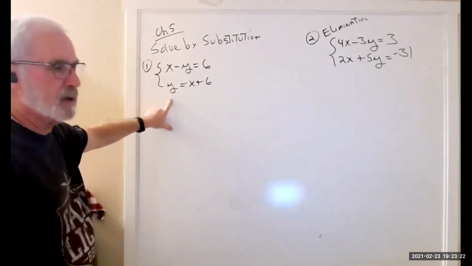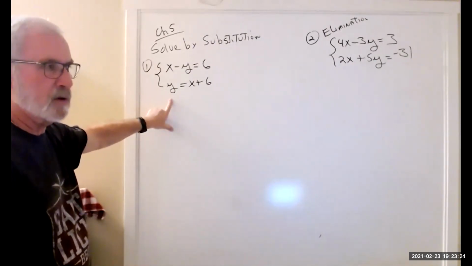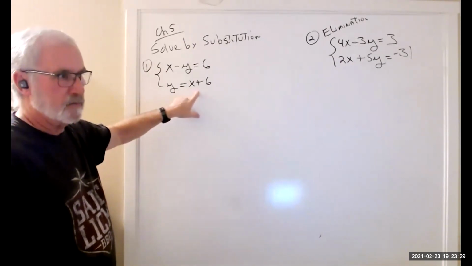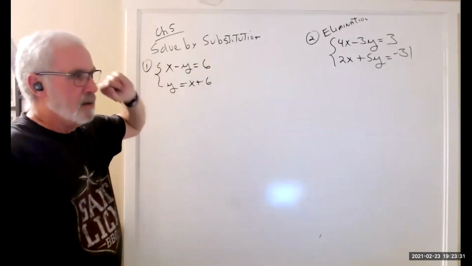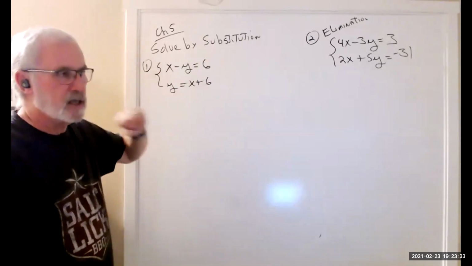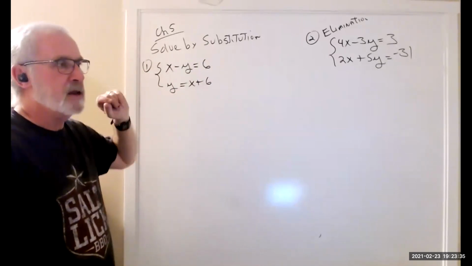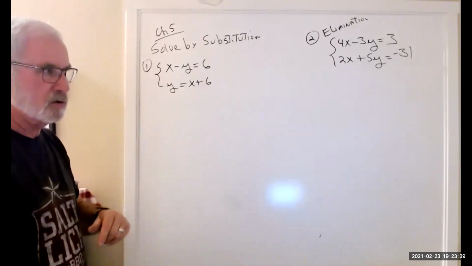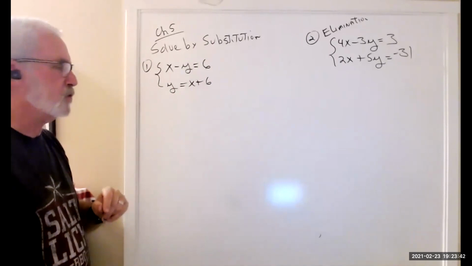Well, the reason I'm picking that one is because the variable is already alone. Y is isolated. So that was step number one. Pick an equation, isolate a variable, and then plug it into the other equation.